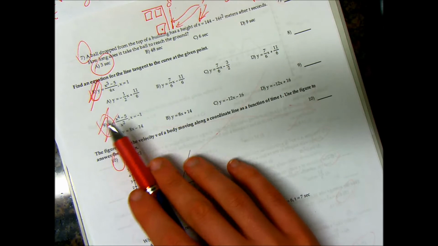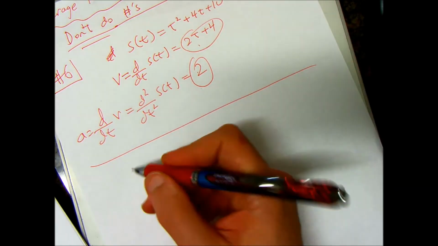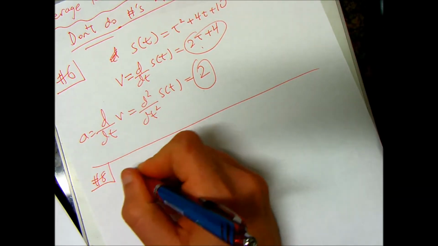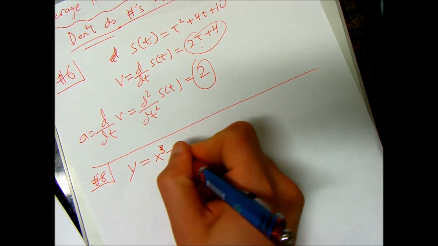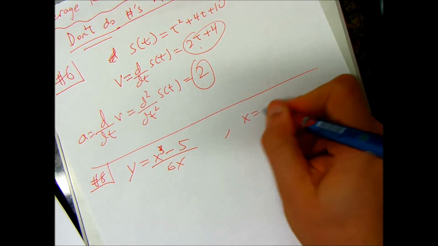They're really good questions, so I will do one again. Okay, I'll do the first one. Find the equation for the tangent line at the given point. Number 8. y is equal to x cubed minus 5 over 6x, right? And then x equals 1.